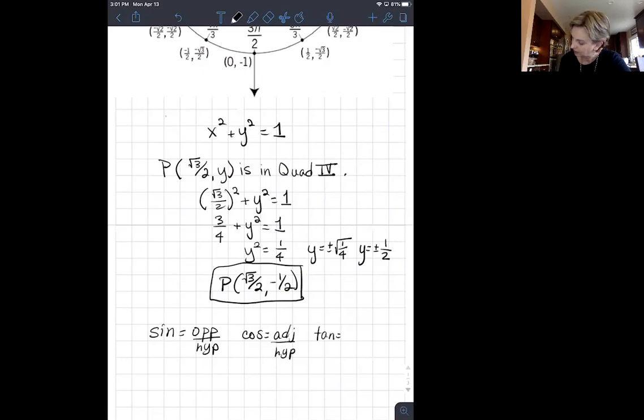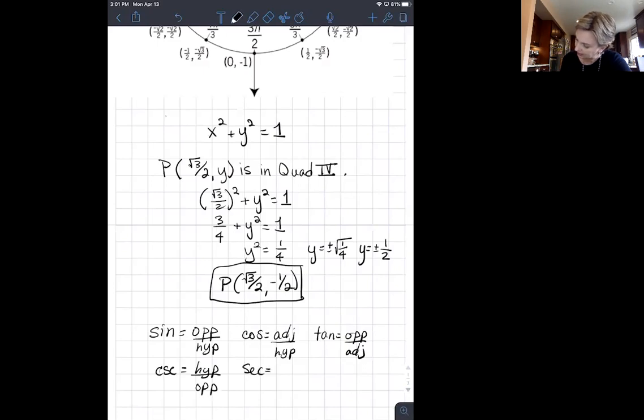Tangent is opposite over adjacent, TOA. That's SOHCAHTOA.